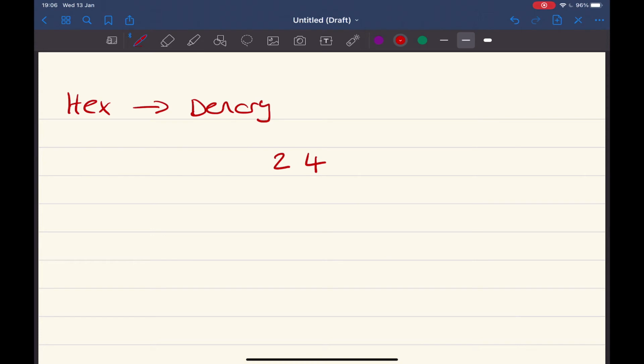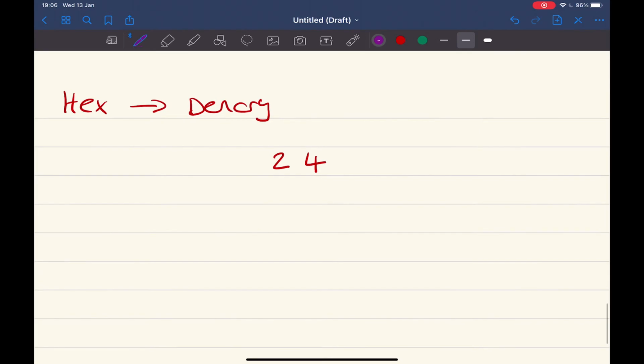So for us it looks like 24, but in hexadecimal it's 2, 4 because they are two different values. What actually happens is the value in the right side is 16 to the power of 0, and on the left side it's 16 to the power of 1. So what this means is that whatever number is here, we times that number by 16, and then we add it to whatever number is here.